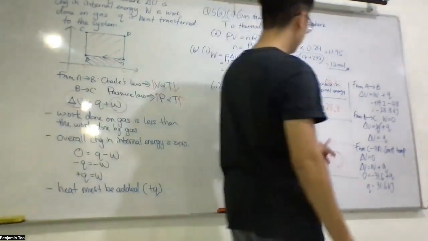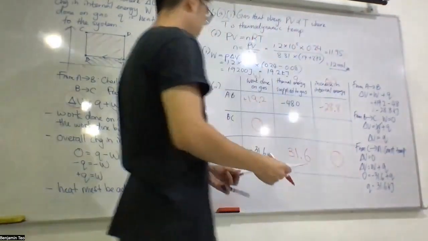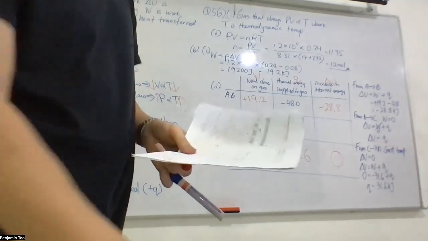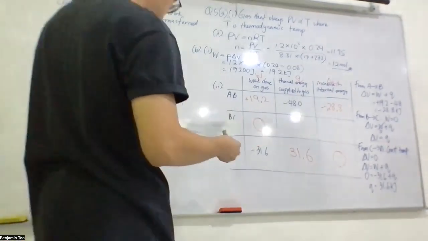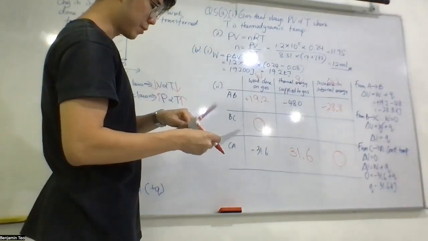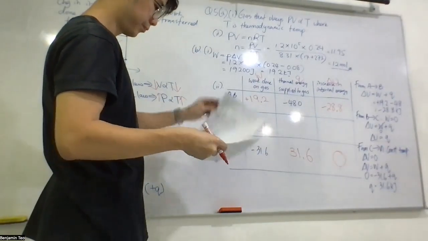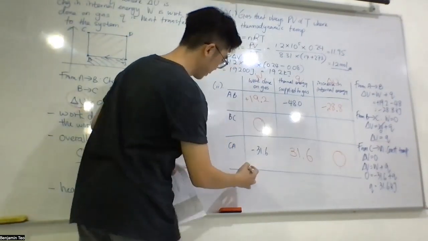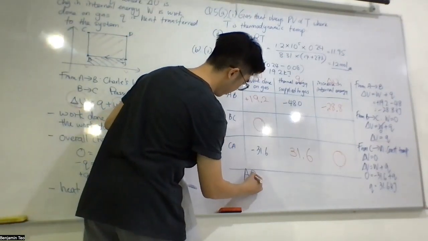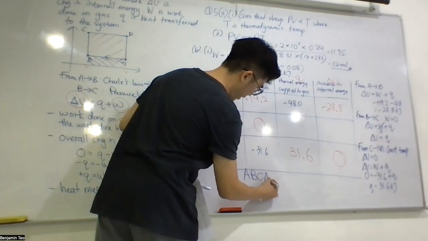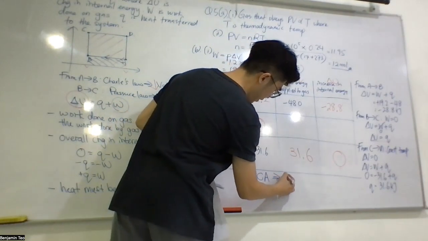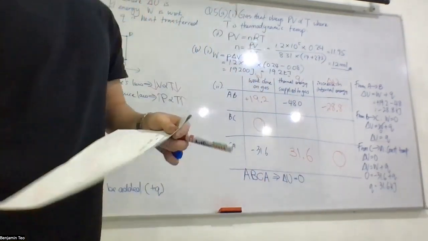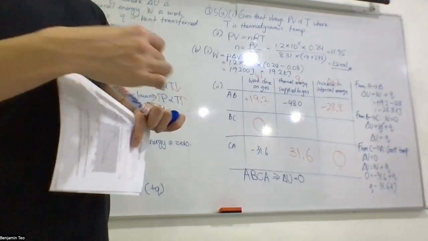To find this one, you look at the overall process. If you consider the whole process from A to B to C back to A, the change in the internal energy is 0 because you come back to the original state.